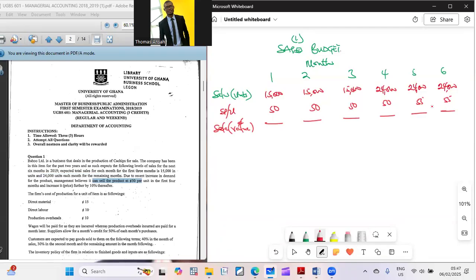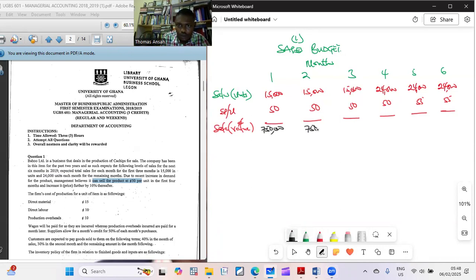By multiplying each one here, this is 750,000. Then this side is 1.32 million, 1,320,000. So basically, that is how it will be.